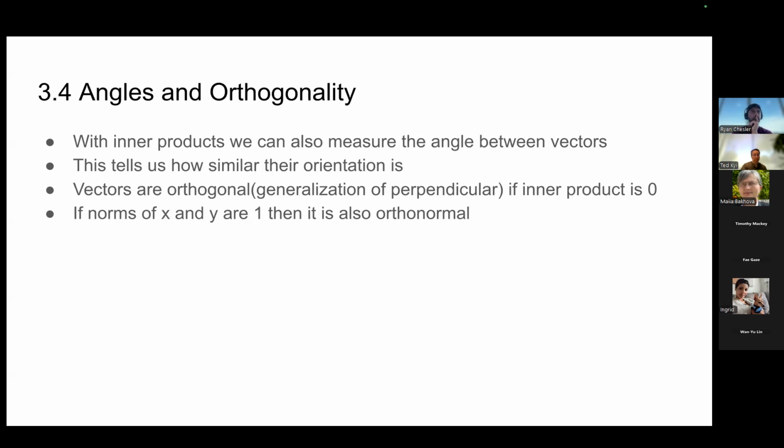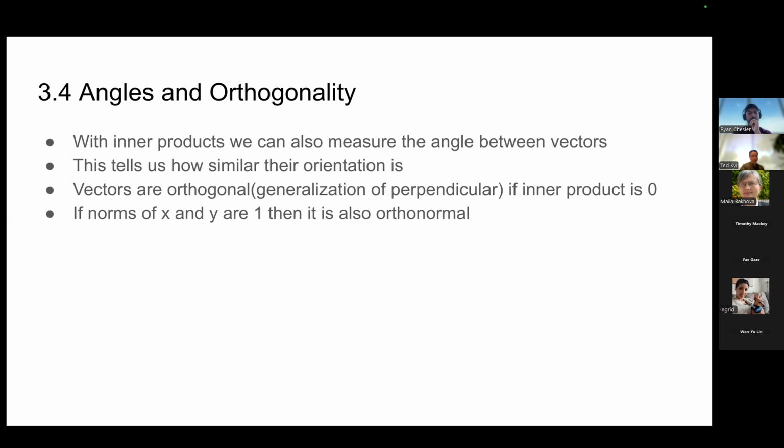I think of this more simply in the 2D case, where you have something that's a 90-degree angle. Scaling it up to 3D, 4D, and everything beyond that, you have something that's perpendicular or orthogonal. And if the norms are also one, then it's orthonormal.